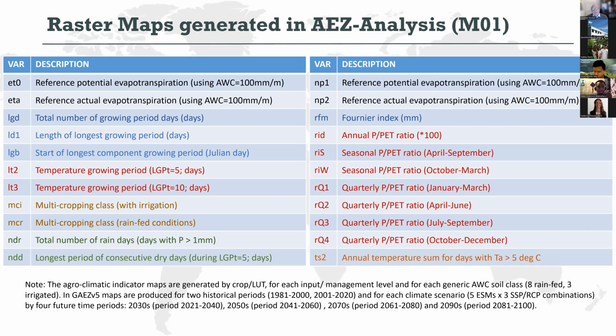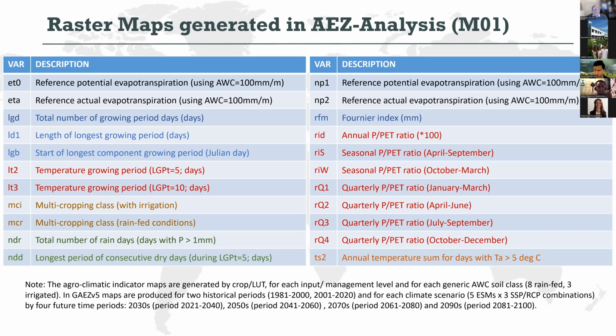There is a temperature growing period for days with average daily temperature above 5 degrees. We call it LGT5. And similar for LGT10, number of days where the average daily temperature is above 10 degrees, which is also used as a proxy for the frost-free period in a location.